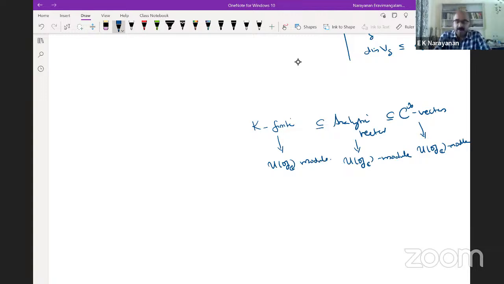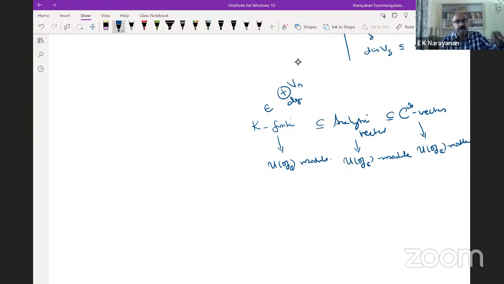So what are K finite vectors? These are essentially the algebraic direct sum of Vn's. You look at finite Fourier series, essentially. So these are your K finite vectors, and the correspondence is that if I have a unitary irreducible representation, you look at the corresponding K finite vectors as a UGC module.